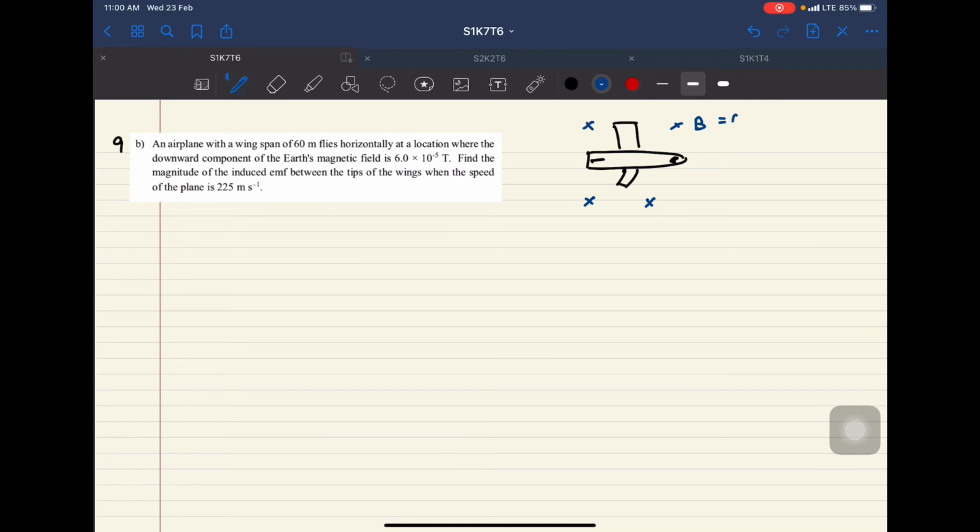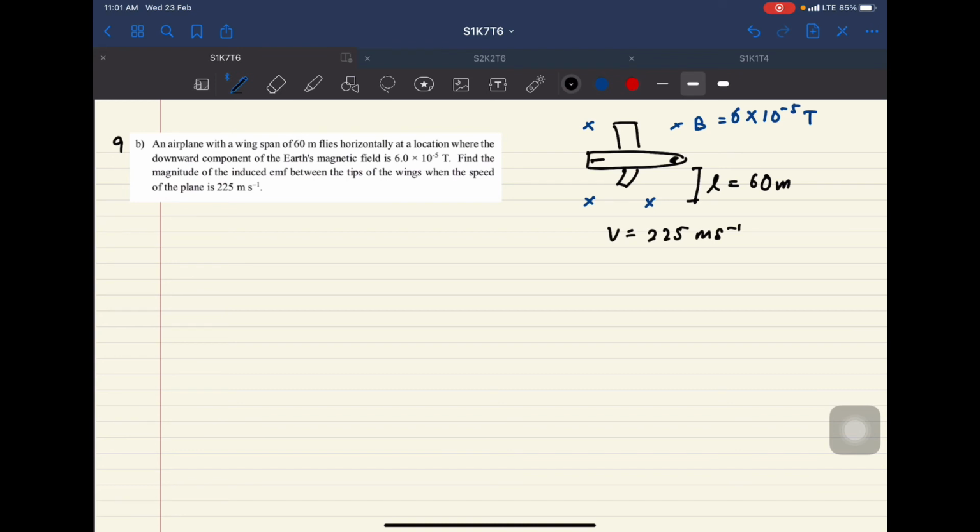B is equal to 6.0 times 10 negative 5 Tesla. Find the magnitude of induced EMF between the tips of the wing when the speed of the plane is 225. So V is equals to 225 meter per second. Okay. So the length of the wing is equals to 60 meter.